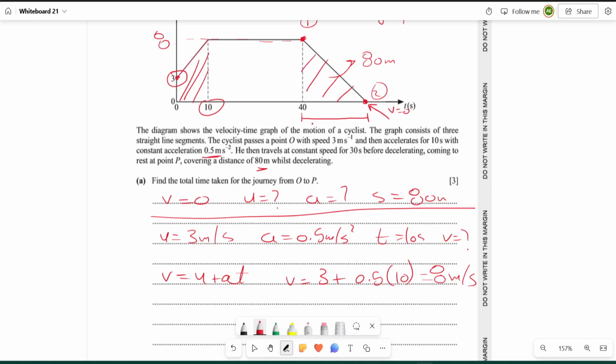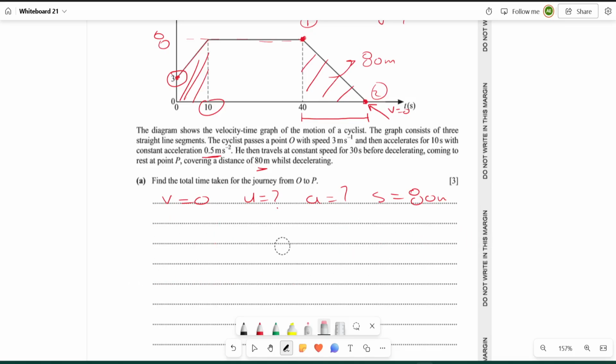Now I can use that to get this time period over here. Right, so let's erase this. Now I know that my U is 8 meters per second. Now I can use V, U, and S to find A. I didn't mention T, so I'm going to use the equation without T, which goes like this.